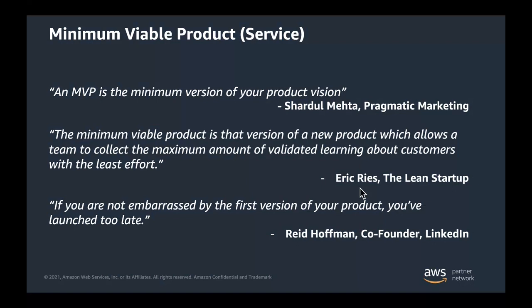I'll mostly refer to it as minimum viable service in this presentation, because in a SaaS world, we are not just talking about the product itself, right? We talk about providing a service to the customers. So there's definitely a minimum viable product perspective of it, but we believe that you should think through this service mindset and really think about the whole operations around it rather than just the product itself.